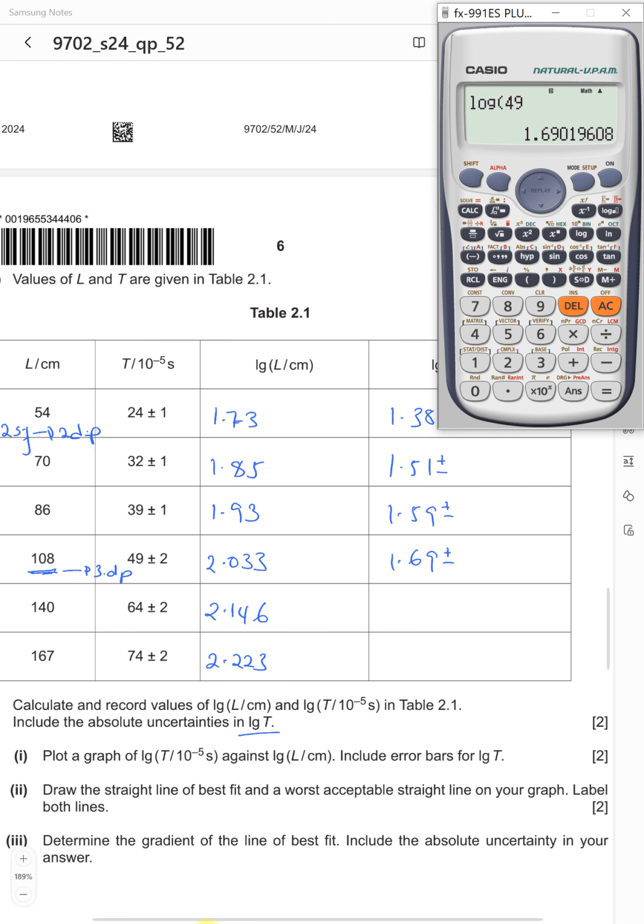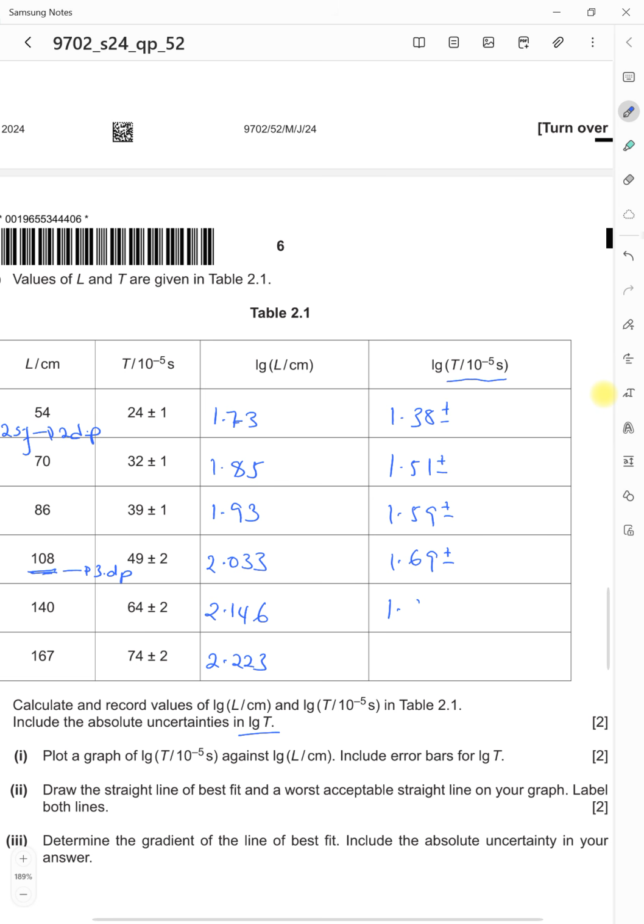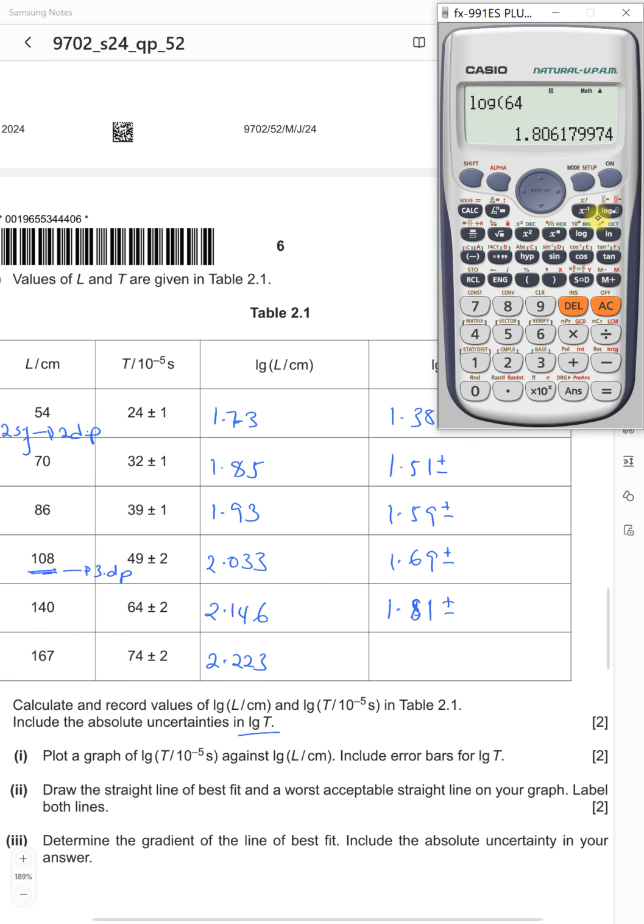The next one is log of 64, which is 1.80. It is 1.81, not 80. So it's 1.81. The next one is a log of 74, which is 1.87.